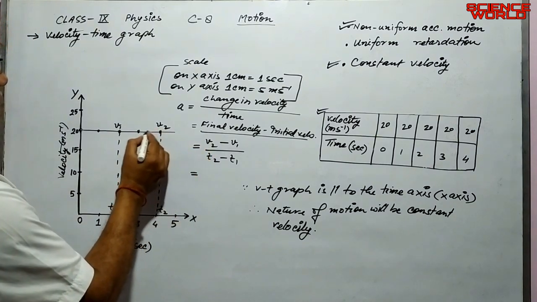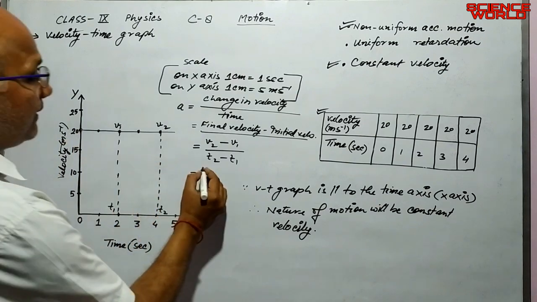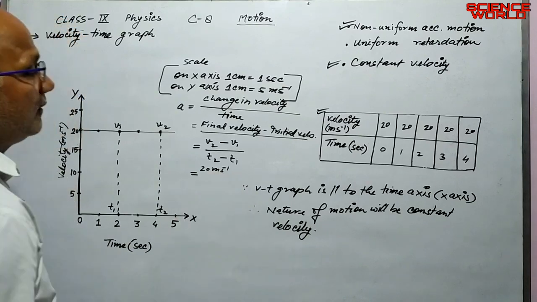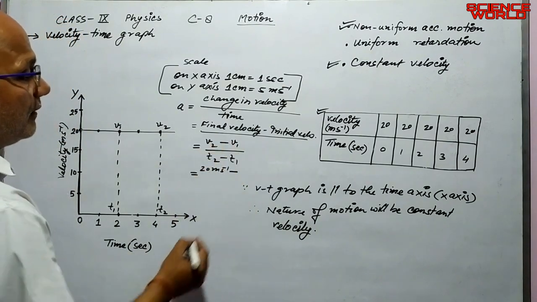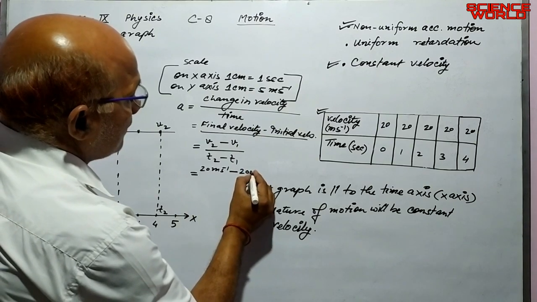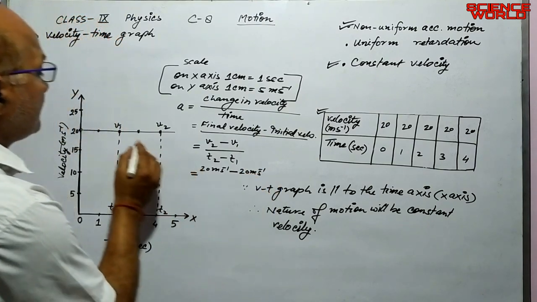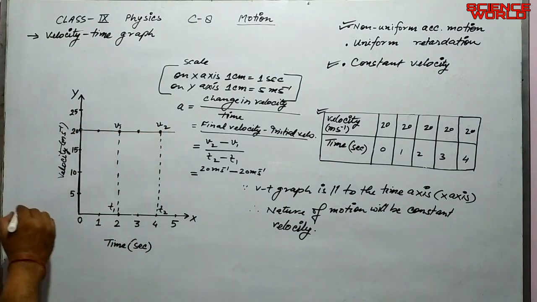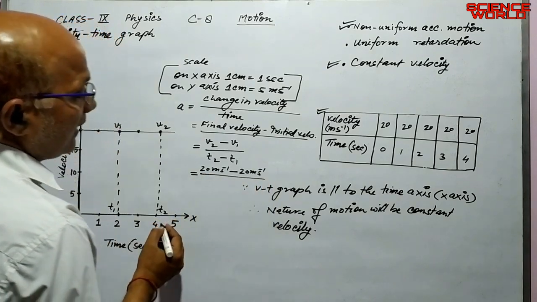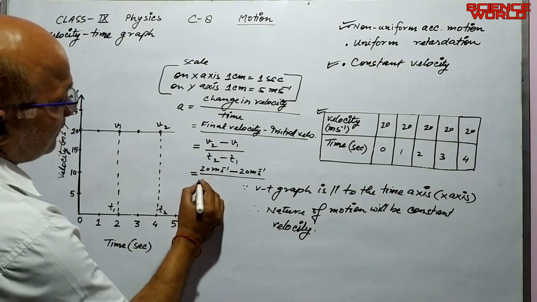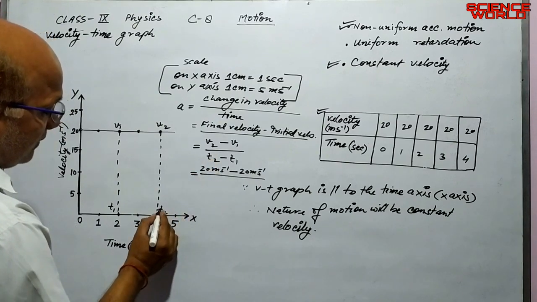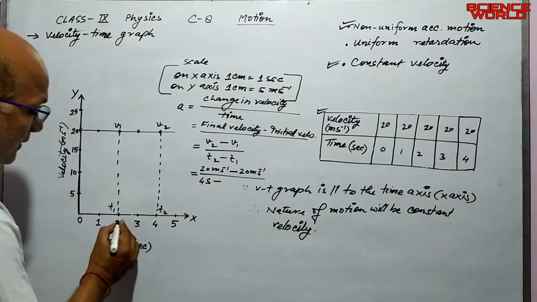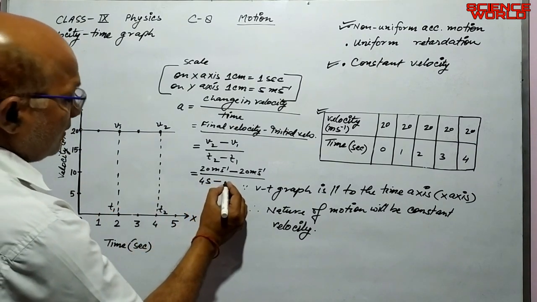v2 is 20 meters per second, minus v1, which is again 20 meters per second. You can see v1 is 20 meters per second and v2 is also 20 meters per second, upon time interval t2, which is 4 seconds, minus t1, which is 2 seconds.